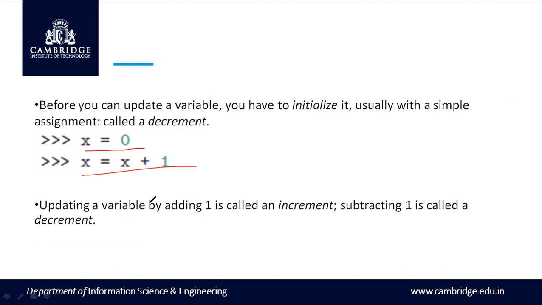Then the value of x will be updated. Updating a variable by adding 1 is called increment, whereas subtracting 1 is called decrement. This particular statement is called the initialization statement.